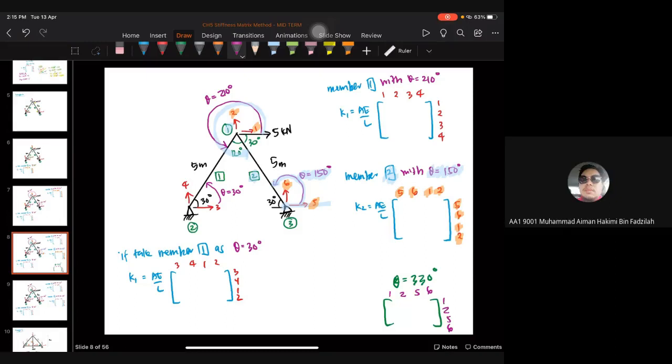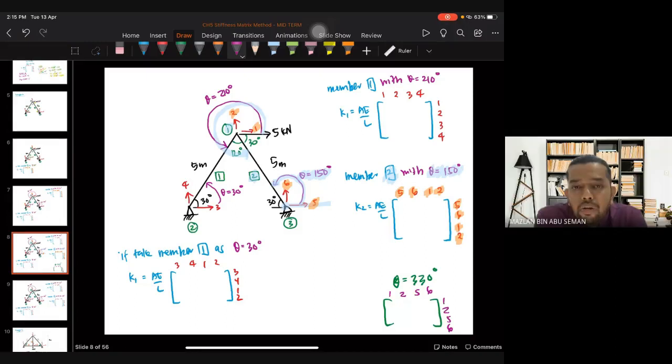It depends on the angle. Then you calculate your theta from positive x. So this is your axis x, this is y. If your member is here, this is theta from positive x, from that reference point.